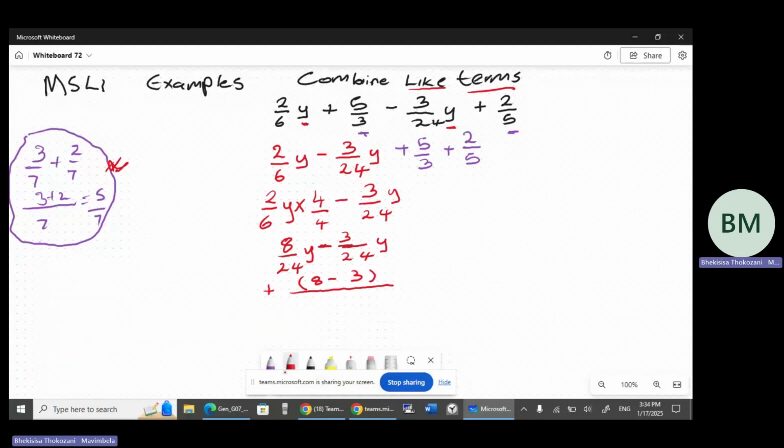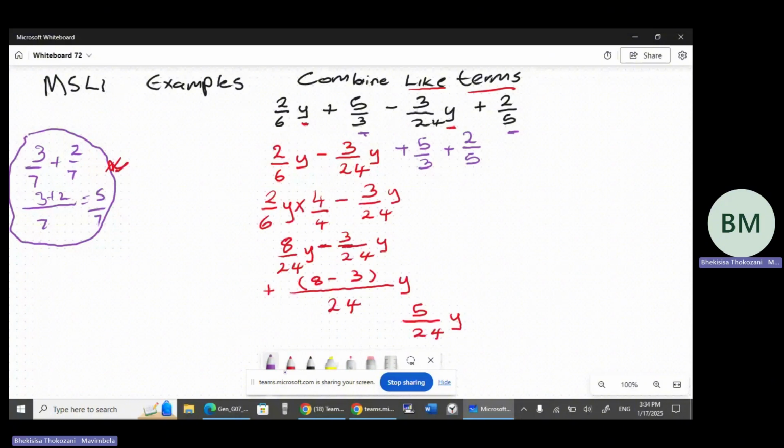And remember, we just take one denominator out of them. And everything here is y. So my 8 minus 3 will give us 5 over 24. And remember our y, do not forget it, y. So we are done with the one with the variables. For me, I like to do one thing first and then go on the other side.